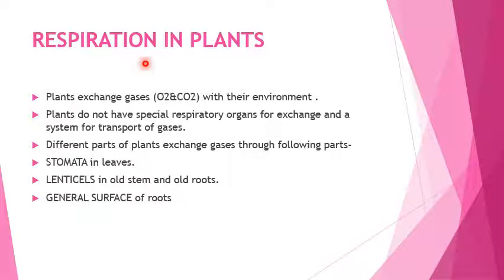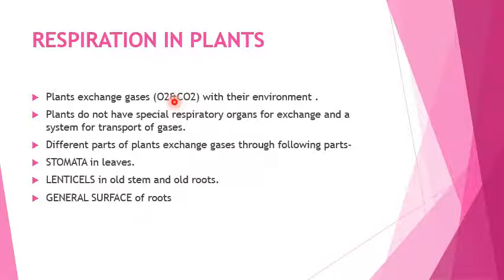The next is respiration in plants. Plants do not have any particular special system for the exchange of gases, but they do exchange gases, that is O2 and CO2, with the environment.